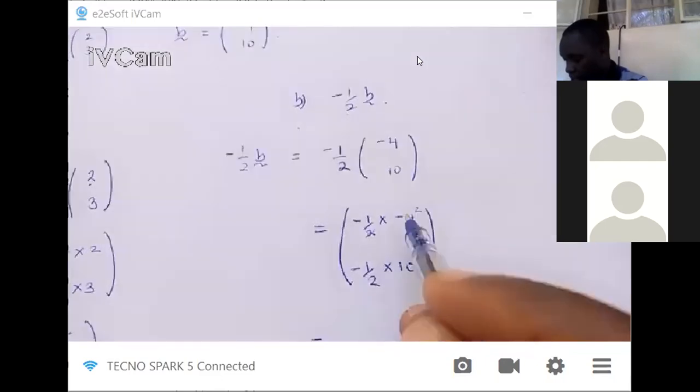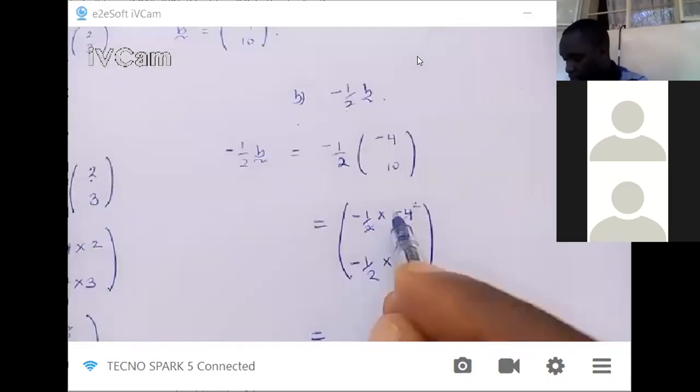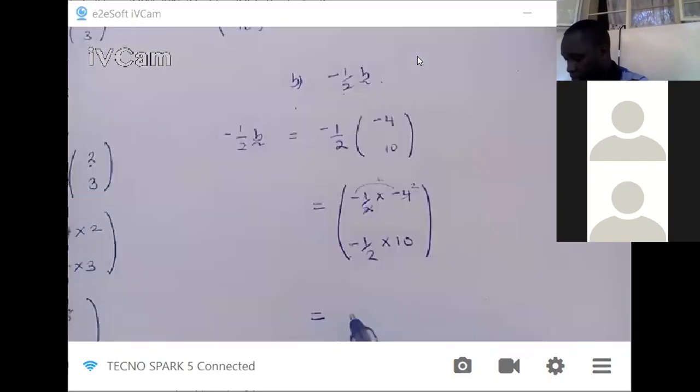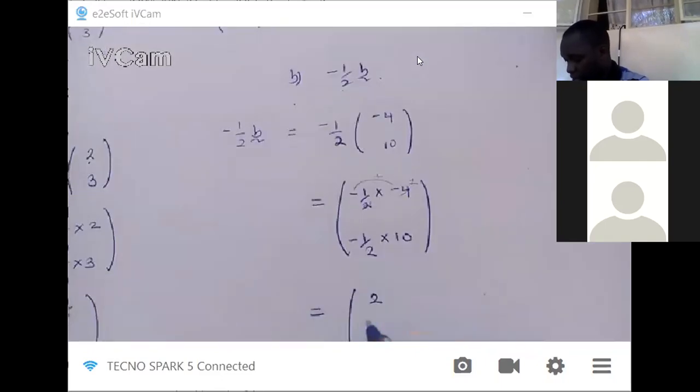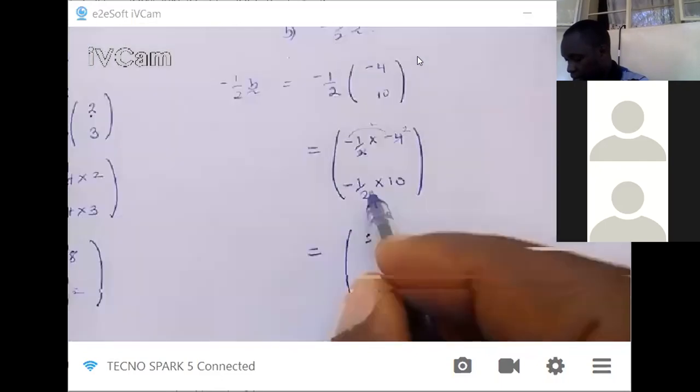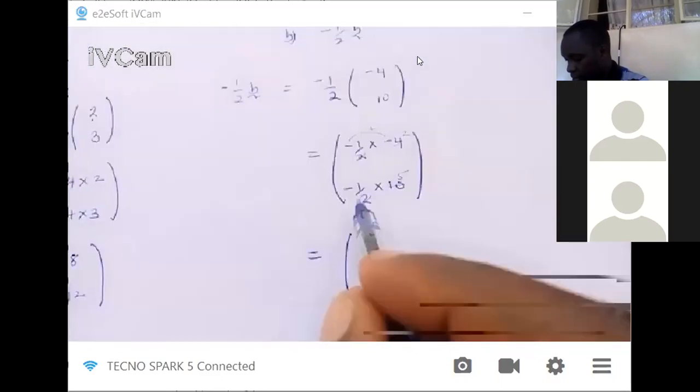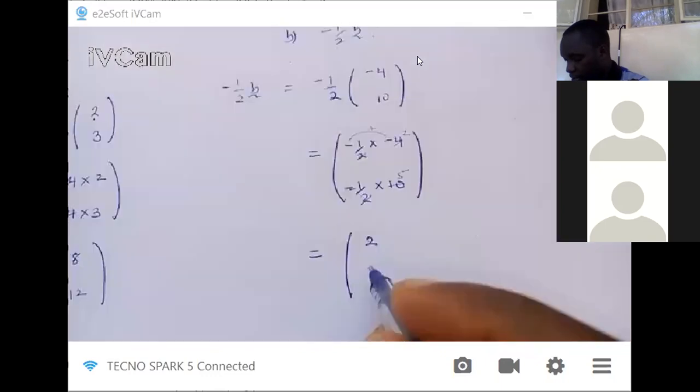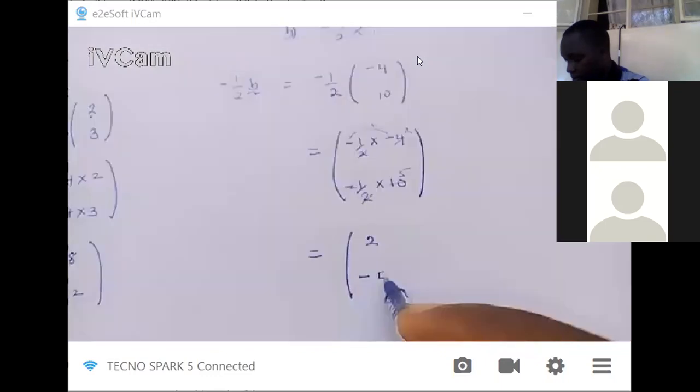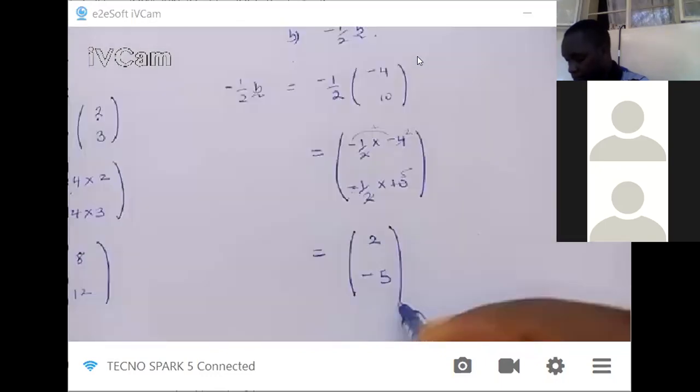So a negative times a negative is a positive. So this one is positive, and I'll get 2, which is positive. And here, if I divide this and this, I'll get 5. But this is negative, so my answer becomes -1 times 5, which is -5. Correct.